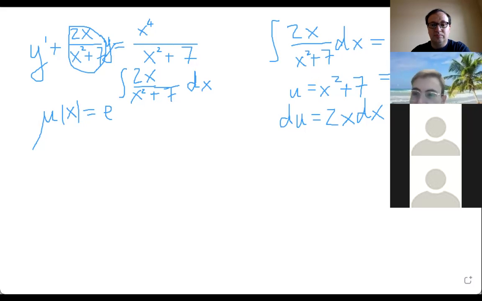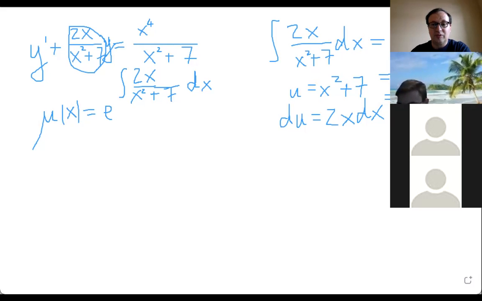So now we can replace u back by x squared plus 7. So this is equal to natural log of absolute value of x squared plus 7 plus a constant.